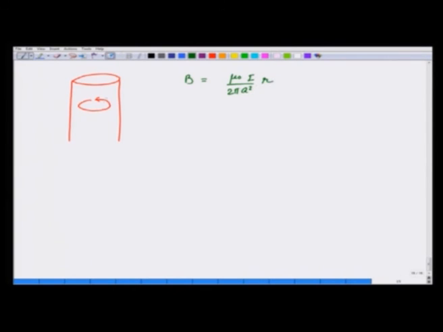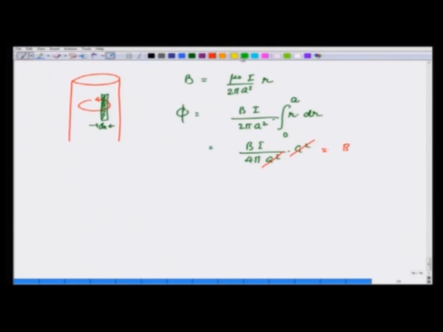So, if I were to calculate flux per unit length, I will take this area of thickness dr and calculate. So, flux is going to be mu 0 I over 2 pi a square r times dr from 0 to a, which gives me mu 0 I over 4 pi a square times a square cancels, and I get, where is B?